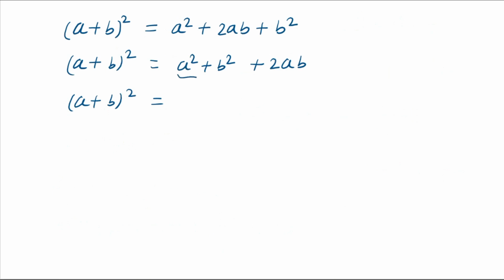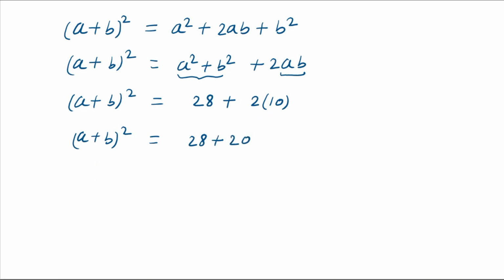So this a square plus b square is replaced by 28 plus 2 times ab, and here the value of ab is 10. So (a plus b) whole square equals 28 plus 2 into 10, which is 20. So the value of (a plus b) whole square equals 48.